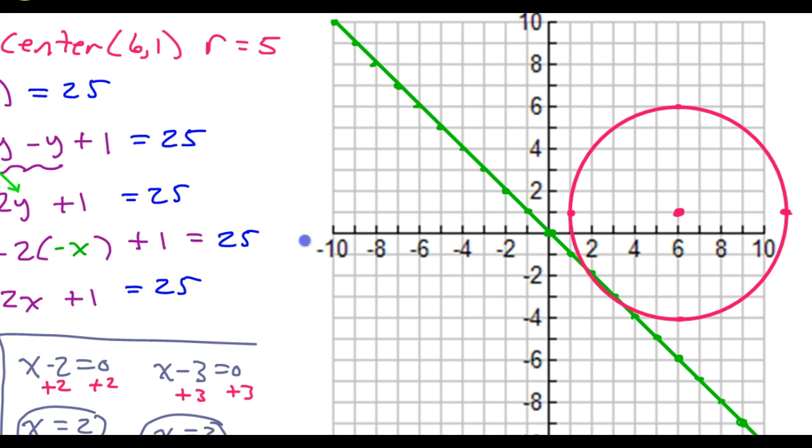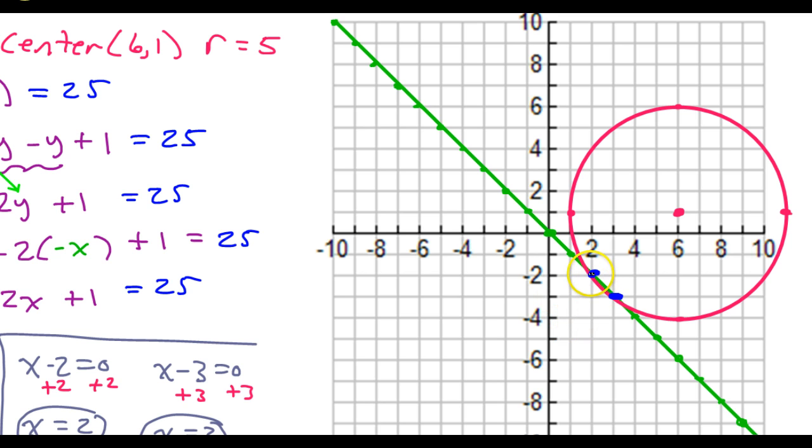Now we are looking for the 2 intersection points between the line and the circle. And it's a little bit tough to see because they're so close together. But it seems that we have an intersection point here and another intersection point here.